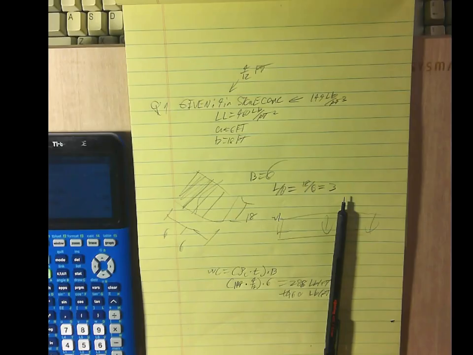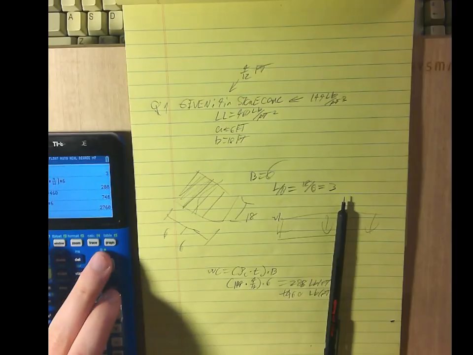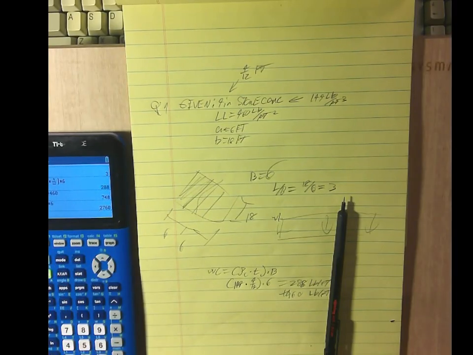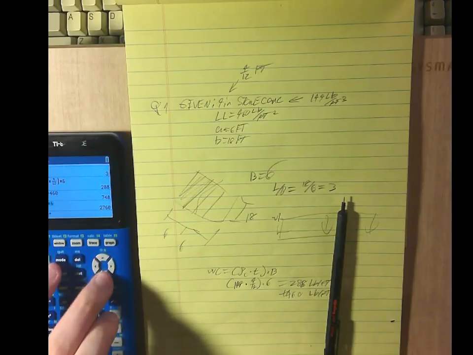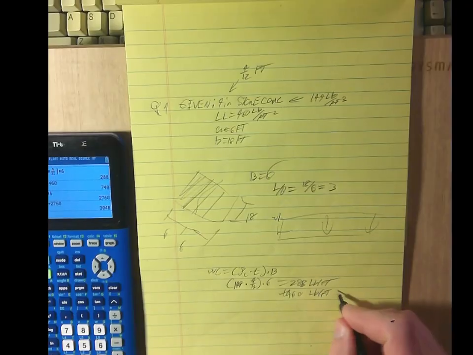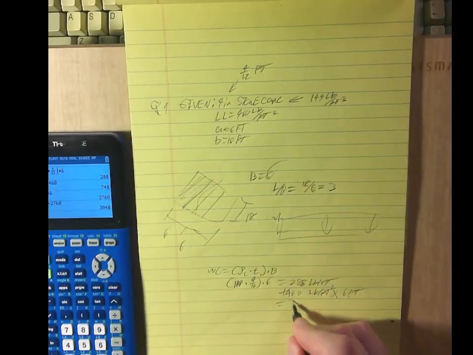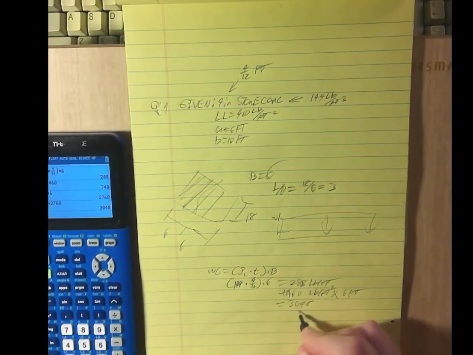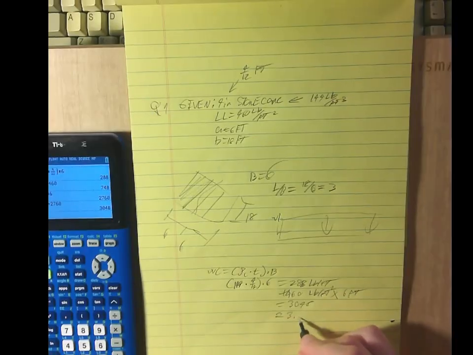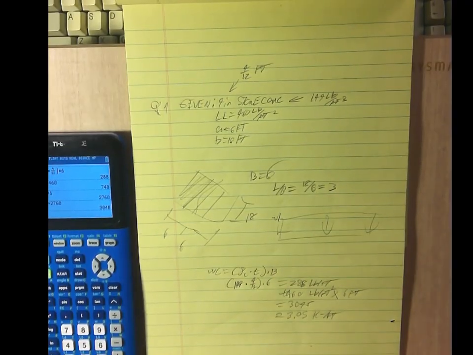There it is, 460 pounds per foot squared times 6 foot. There we go. So this 288 is actually plus 2760. It's the same mistake I did earlier. And this is actually going to equal 3048 or 3.05 kip foot. Close enough to 3.06, honestly.